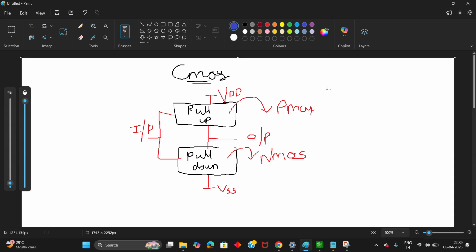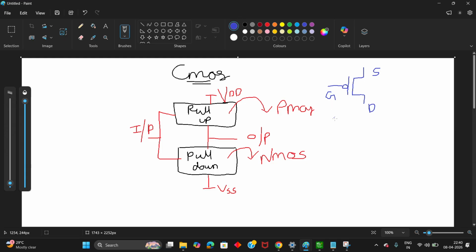Okay, so how will our PMOS look like? Let us see. PMOS will look like this. It is going to have a total of 3 terminals. One is gate, another is source, and then drain.